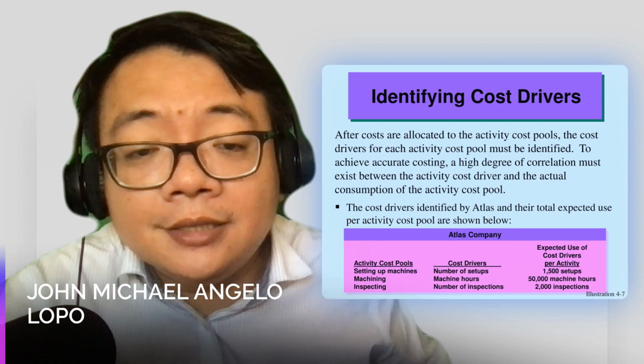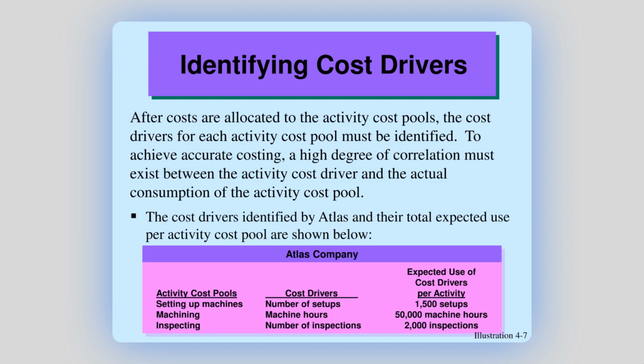But here, it is based on activity cost pool divided by your cost driver. The formula is the same, but it is based on per cost driver. For example, the cost driver of machine setup is number of setups. For machining, it is machine hours. For inspection, it is number of inspections. The expected cost drivers are 1,500 setups, 50,000 machine hours, and 2,000 inspections.